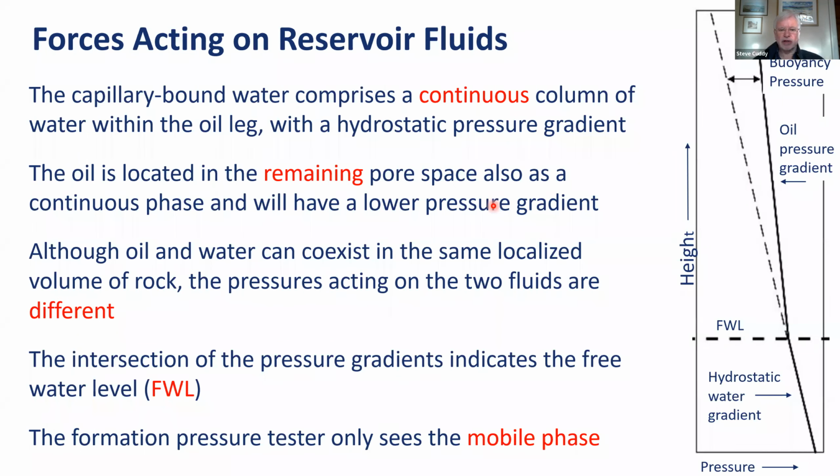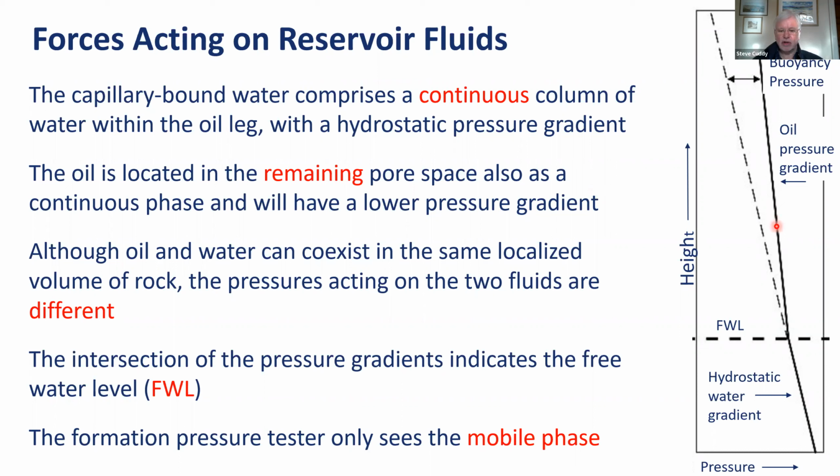Now, the capillary bound water comprises a continuous column of water within the oil leg, as shown here, and also throughout the water, through the aquifer as well. And it continues as a straight line. The oil is located in the remaining pore space, but is also a continuous phase, shown as a dark line on the right.